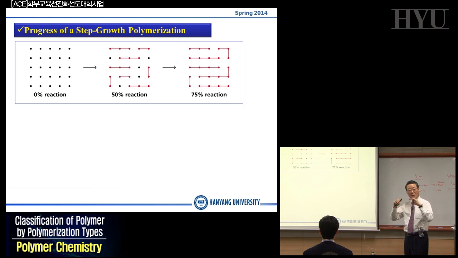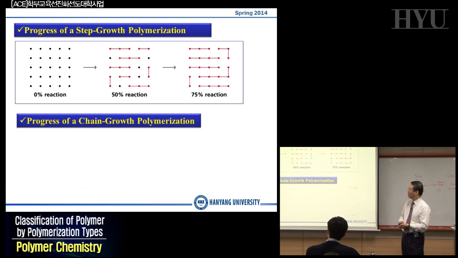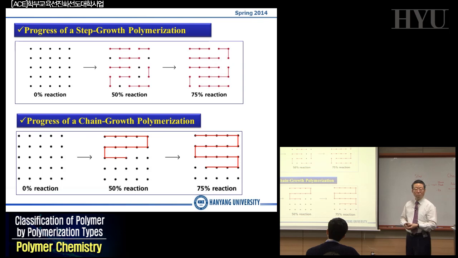Any monomer can participate in the reaction. Any molecule can participate in the reaction in this case. So we can count the number of molecules during the reactions. However, in the case of chain growth polymerization reactions, reaction proceeds something like this. Okay? It's like a chain reaction. It's like a Lego block, breaking down onto here.